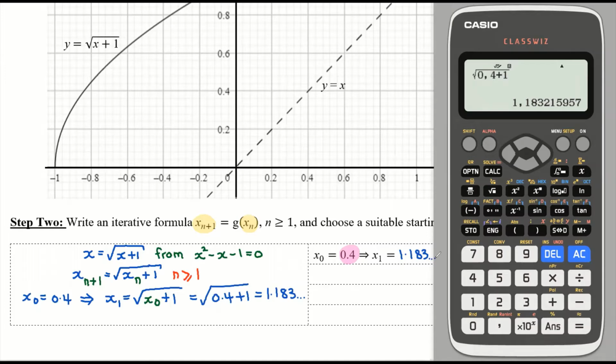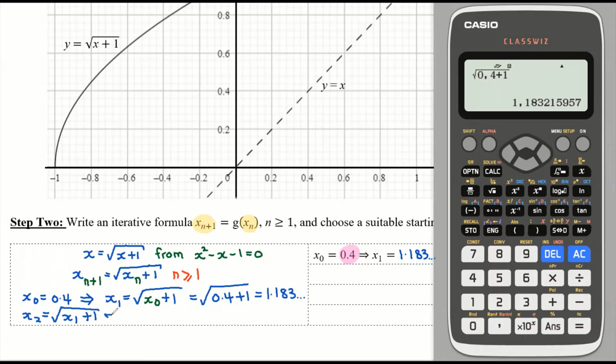Now, to generate x2 and the rest, the iterative formula now comes into play. So for x2, that's simply going to be the square root of x1 plus 1.